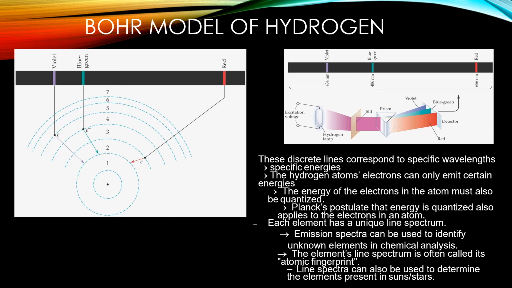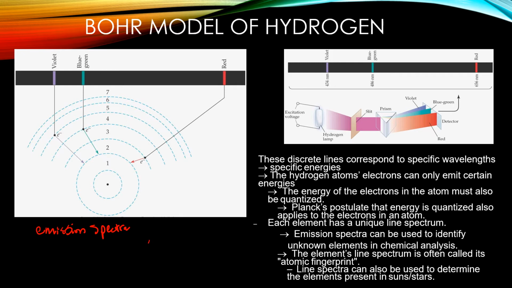But in this case here, this again is what we call an emission spectra, where only specific wavelengths of light are being emitted. And those specific wavelengths of light that are being emitted are based on the energy transitions that are taking place when the atoms have the electron going from the excited state back down to a lower energy level. It doesn't have to be to the ground state, but it just has to be an energy level that's lower in energy than what it began with.